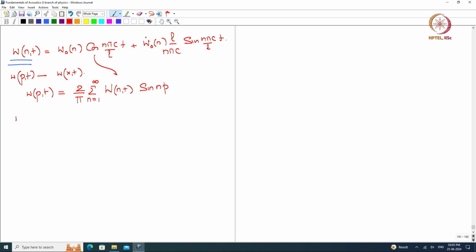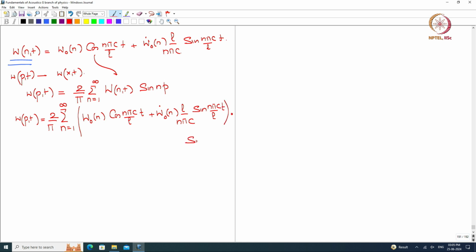We get w of p comma t is equal to 2 by pi summation n equal to 1 to infinity, w0 of n cos n pi c by l t plus w dot 0 n l by n pi c sine n pi c by l t, into sine np.